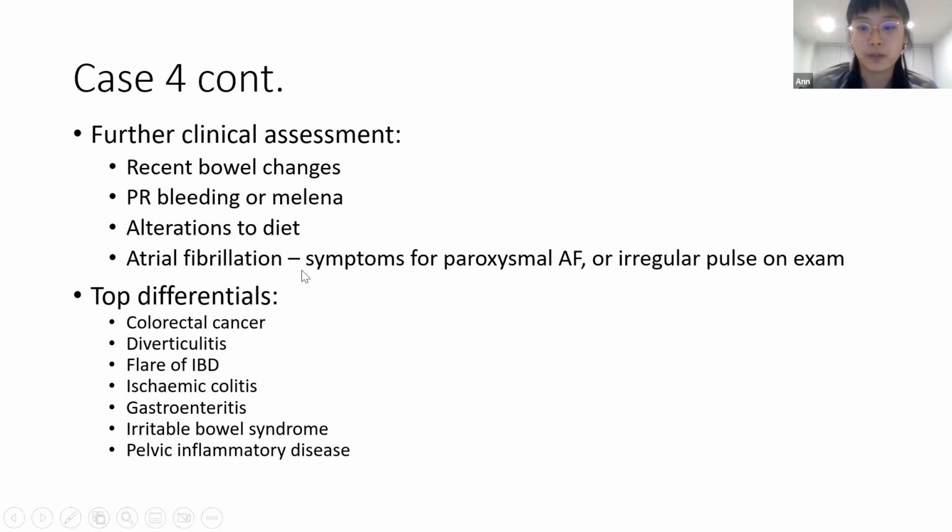And if the colon itself is what has disease, then there are so many causes of it. There's cancer, diverticulitis, inflammatory bowel disease, ischemic colitis, gastro. So with ischemic colitis in a lady of this age, looking for whether there are any risk factors for an embolic event.